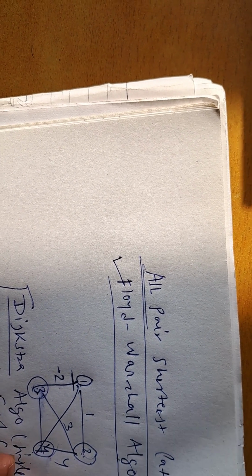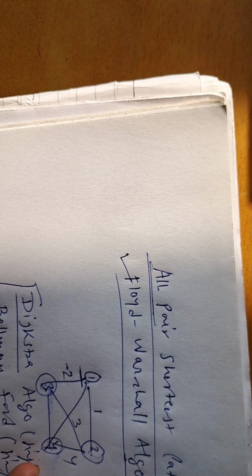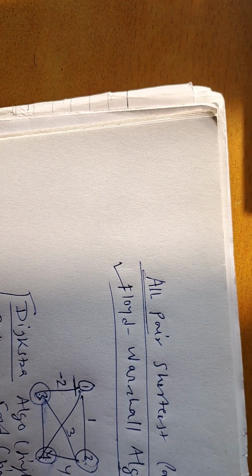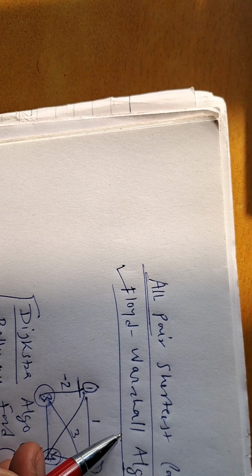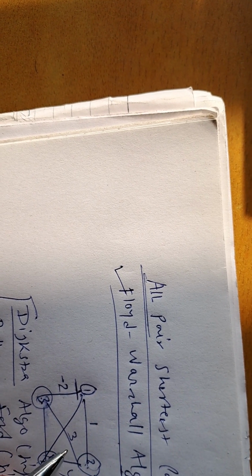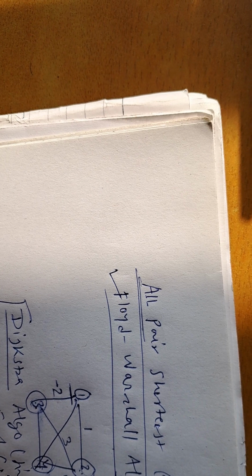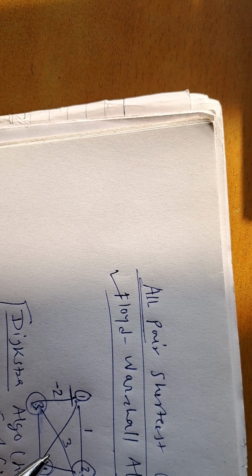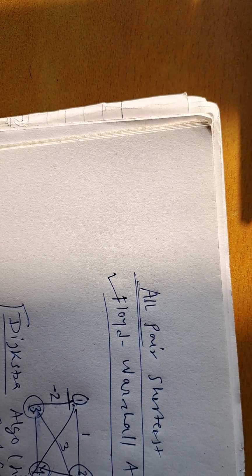It also supports negative weights. The Floyd-Warshall algorithm gives you the shortest path between any pair of vertices in a graph.